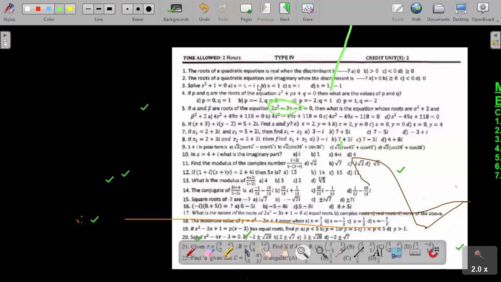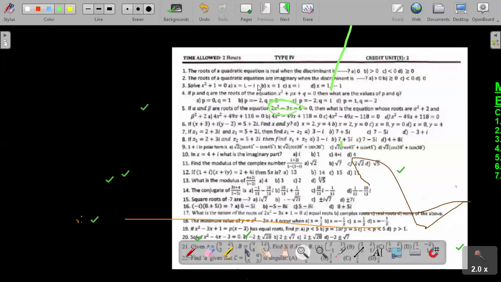Then question 7 is also a complex number. They give us Z1 as 2 plus 3i, and Z2 is 5 plus 2i. We are asked to find Z1 minus Z2. So let's write both of them.